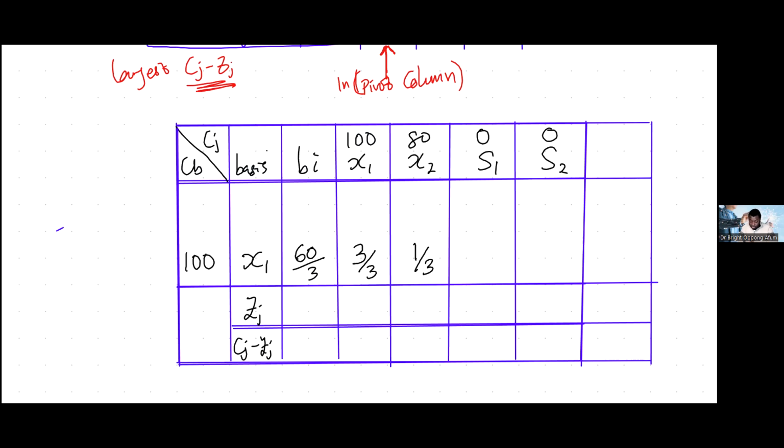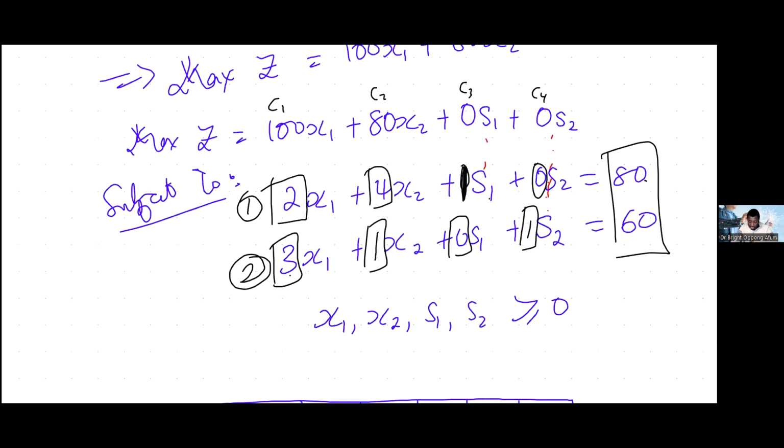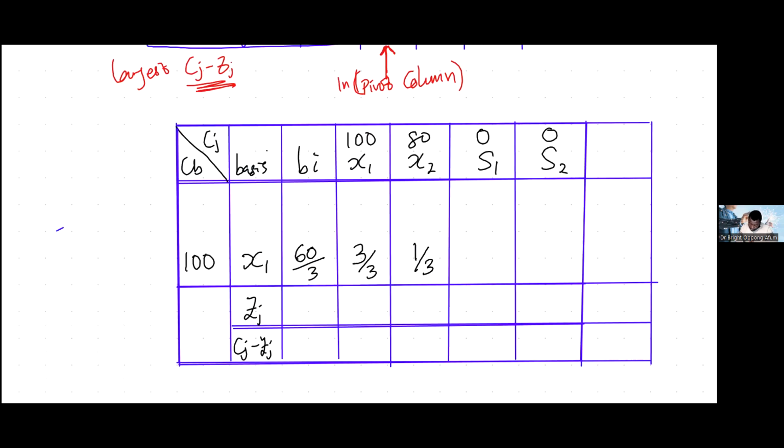S1 was 3, 1, 0, and 1. So 0 divided by 3, and then 1 divided by 3. Good. So this is the pivot row.